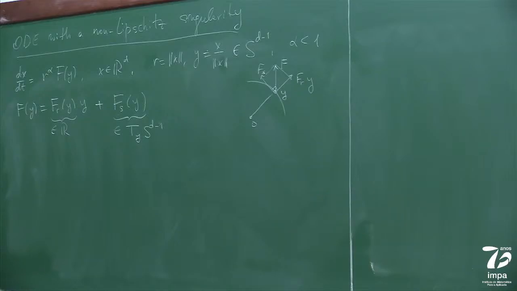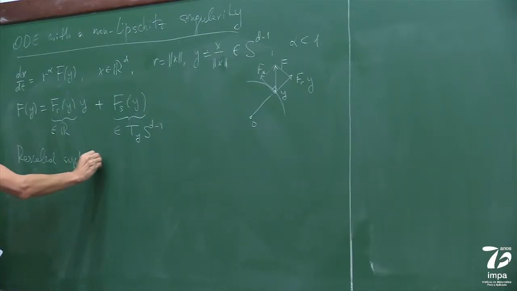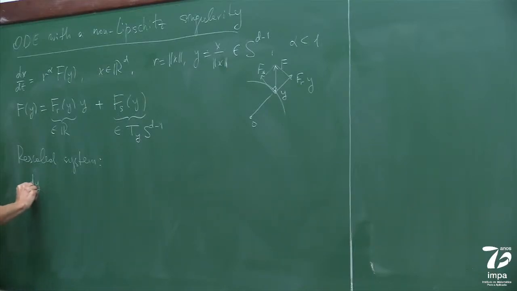So what we did is that we could associate a rescaled system to this equation. And this rescaled system lives on a sphere. So it's a regular system for vector y, but in different time.